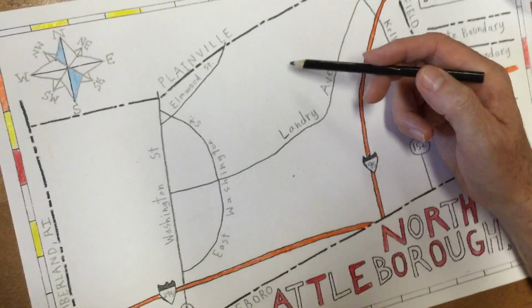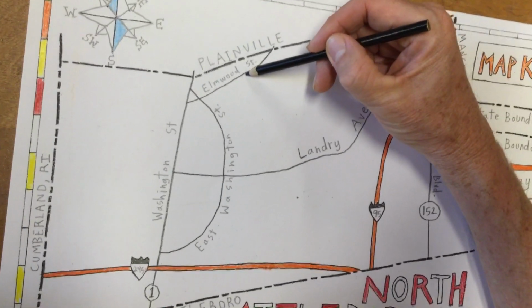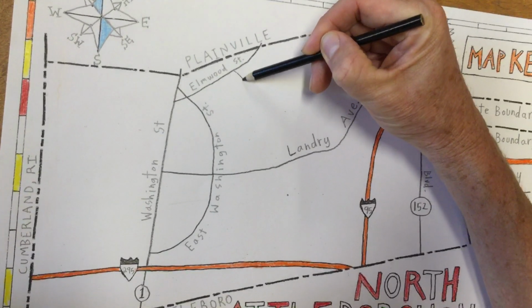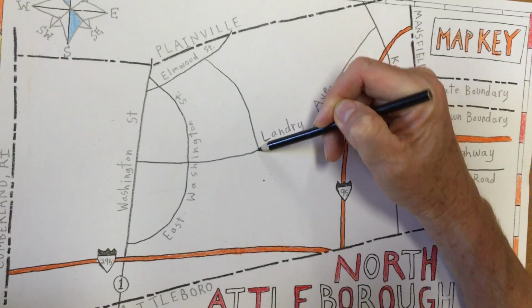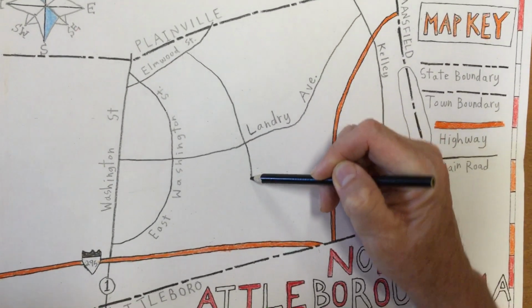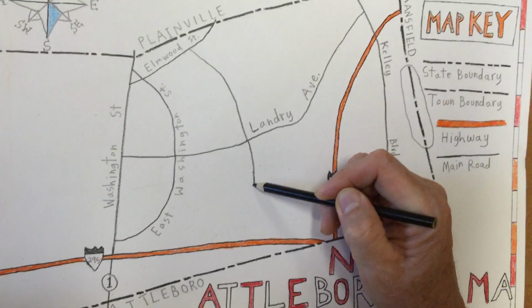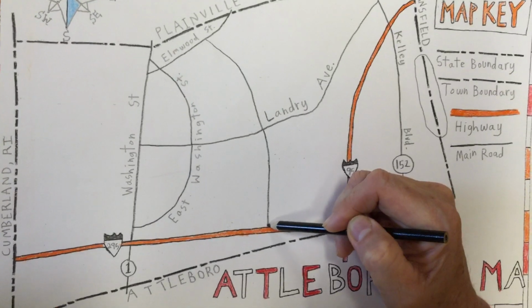And you'll see how that helps me. The road's going to run right through that dot. It's going to start over here on Elmwood, and then it comes over and right down, crosses Landry, and it goes right to that little dot right in the middle. And then it comes down to the highway, goes under the highway.